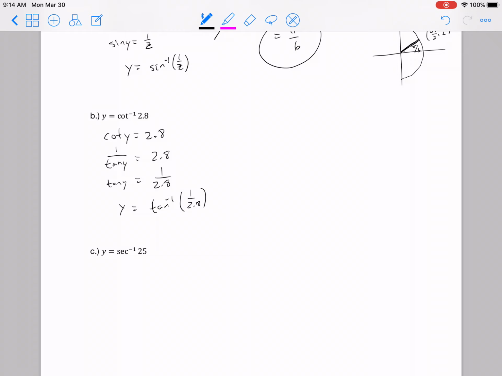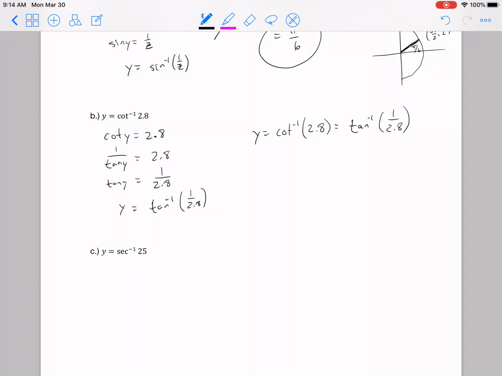Okay, and so just like before, what that means is when we're doing arc cotangent of 2.8, it's going to equal the arctangent, similar to above, of 1 over 2.8.